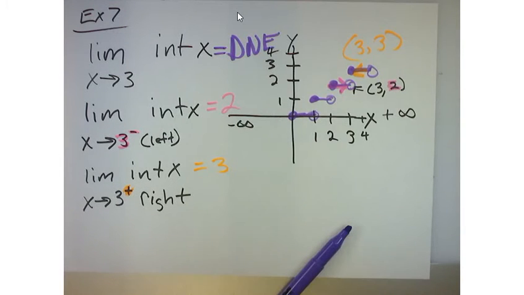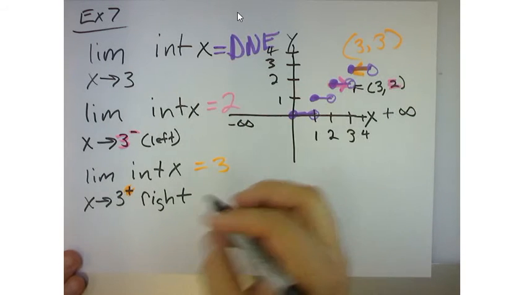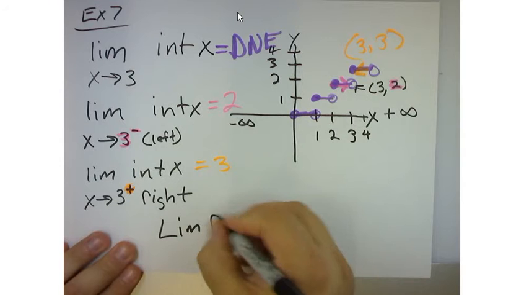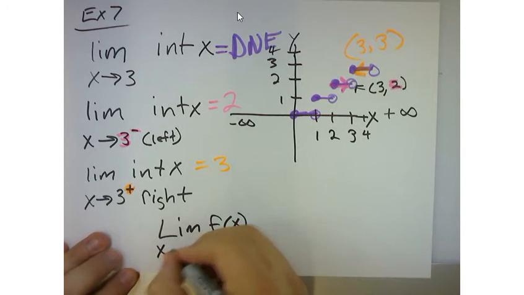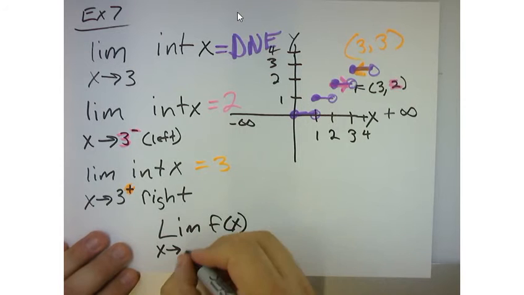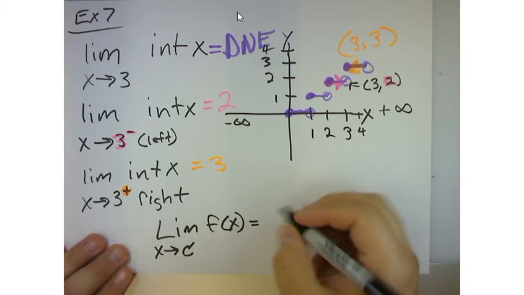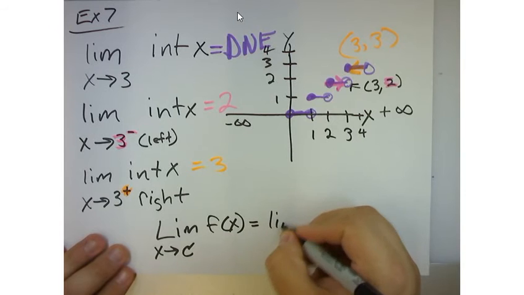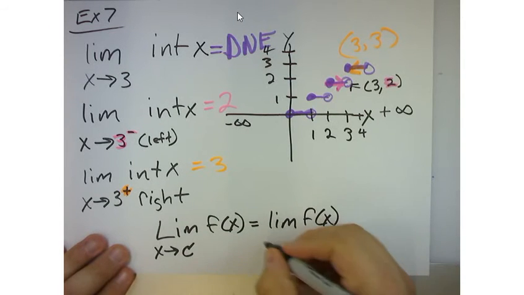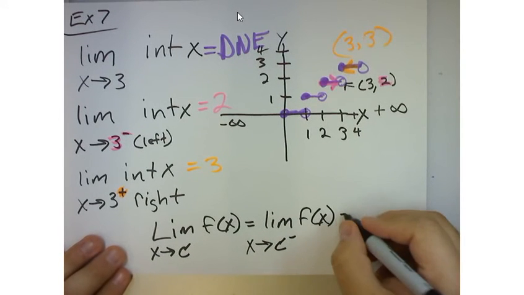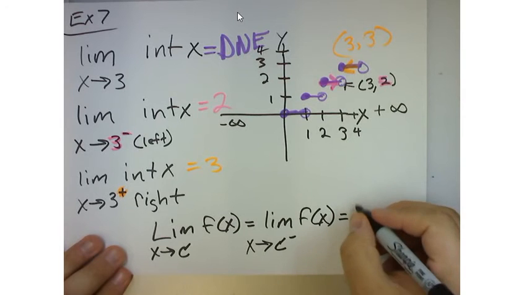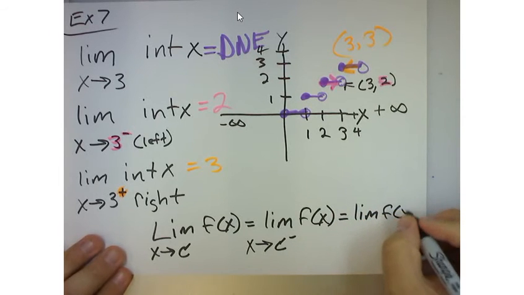So sometimes in calculus, we're only interested in the left-hand side or the right-hand side, or as we approach from negative infinity or from positive infinity. So we've kind of skipped over this, but what you should know is that the limit of a function f of x only exists if the limit of that same function exists on the left-hand side and exists on the right-hand side.